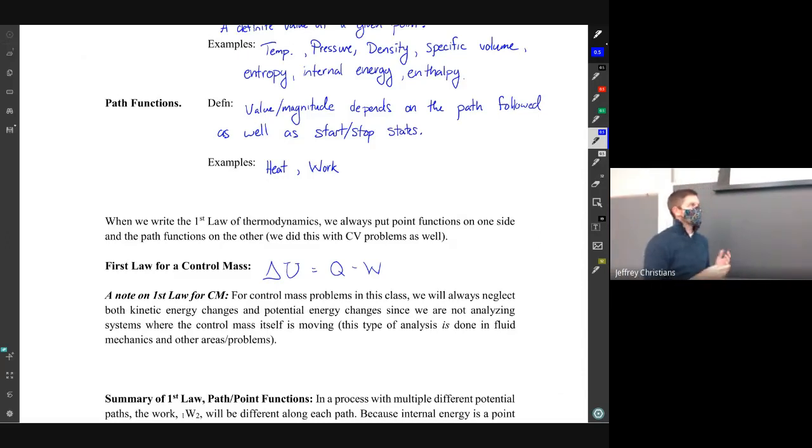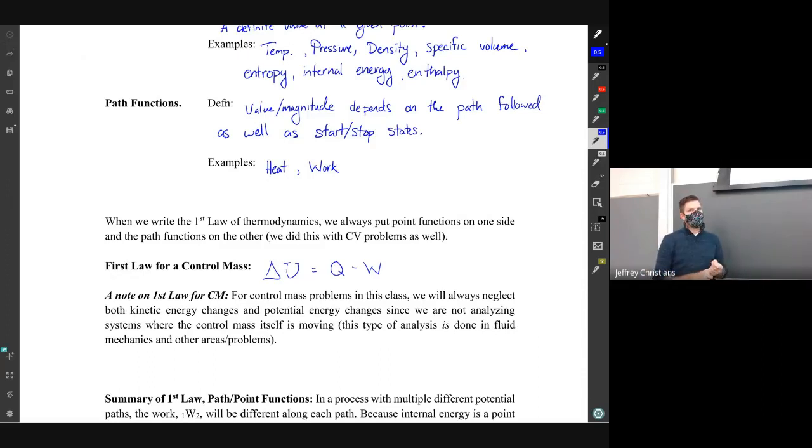For a control volume, we had kinetic energy and potential energy both on the left side. We're going to drop those from the equation. We often did anyway. In control volumes, those were the first things that we crossed out. We didn't always cross them out. Sometimes they stayed around.